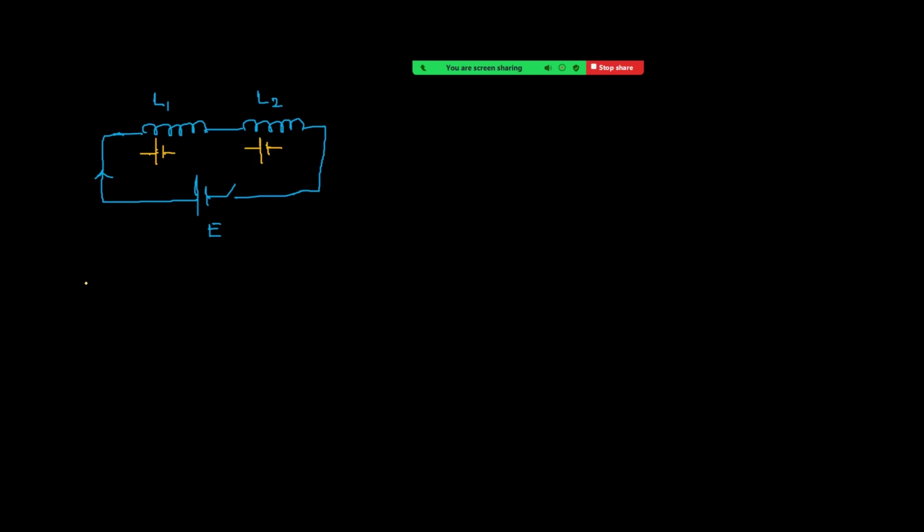So I'm writing the condition: the battery's EMF should be equal to the sum of the EMFs that are induced across the inductors, which is equal to L1 into di by dt. Since they are in series combination, the same current flows. That's why di by dt is the same. Plus L2 into di by dt.